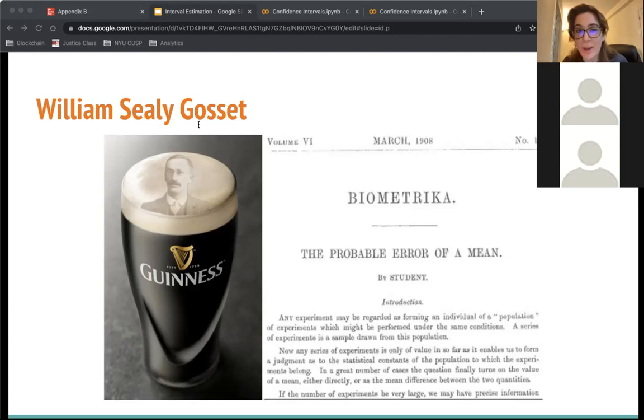This paper is all about measuring the likelihood that a sample mean approximates the mean of the population from which it was drawn. The probable error of the mean, like its standard error, is a specific estimate of the dispersion of its sampling distribution. And as we've been talking about, this dispersion is a foundational step of statistical inference.